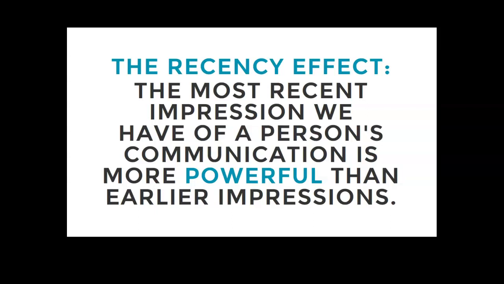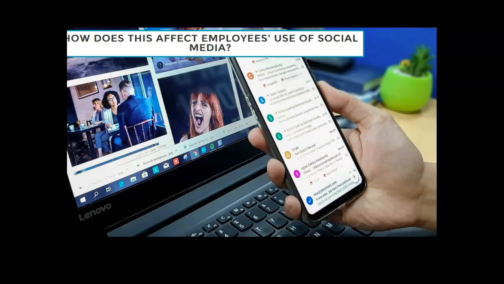So again, with the recency effect, just be sure you know this definition. The most recent impression we have of a person's communication is going to be more powerful than earlier impressions. This can be problematic. Think about using social media. Let's say you've had a fantastic week at work, you've hit all your targets, you had a great presentation because you applied that primacy and recency order knowledge.